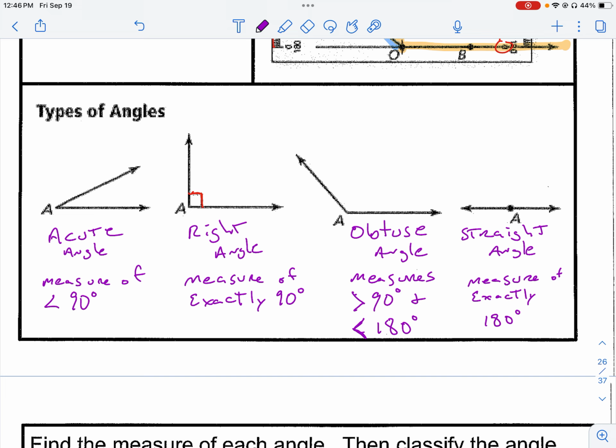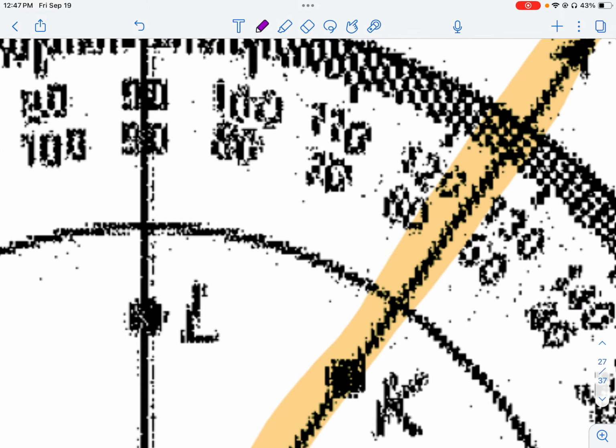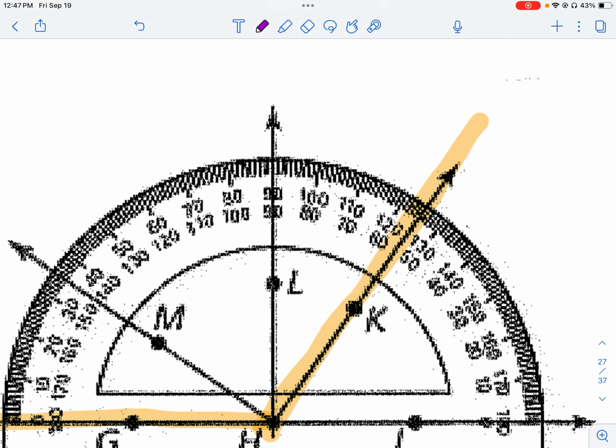All right, so let's measure each angle. First we're going to measure GHK. So we've got G through H through K. We're going to write the measure of angle GHK. It's a number, so it's equal. It's halfway between 120 and 130.